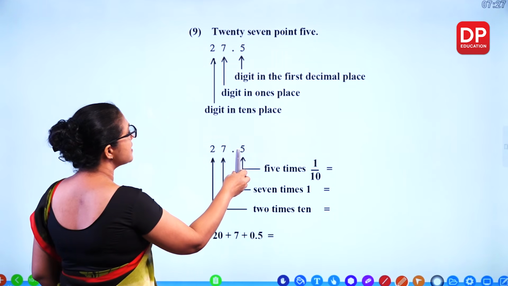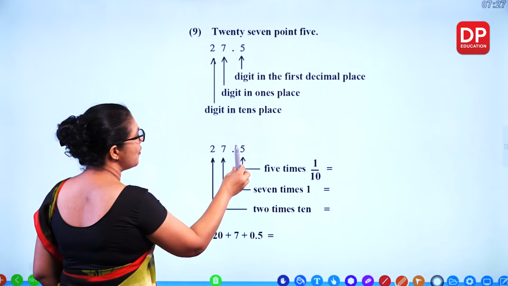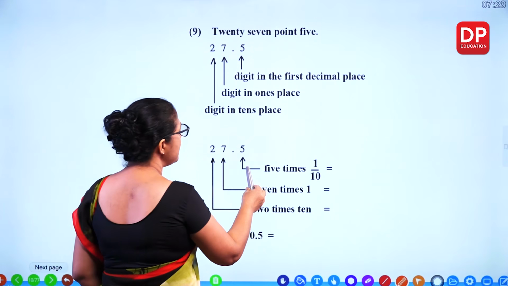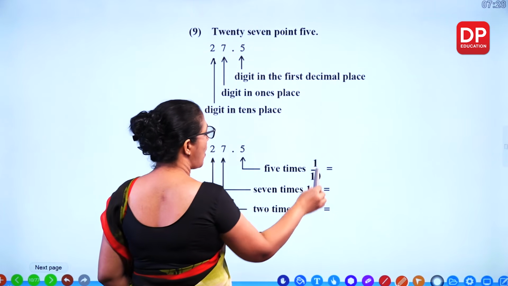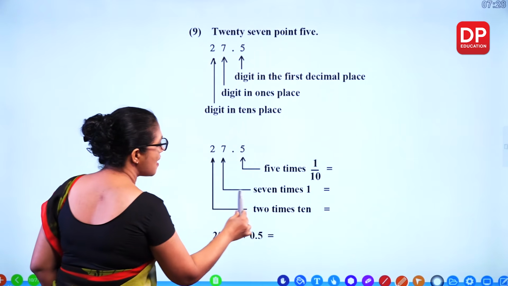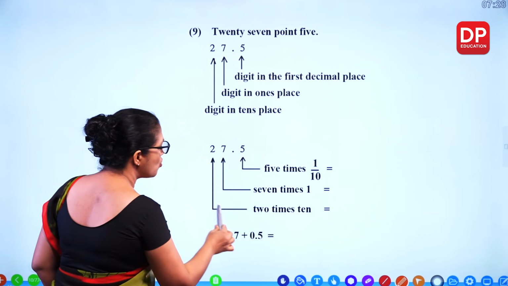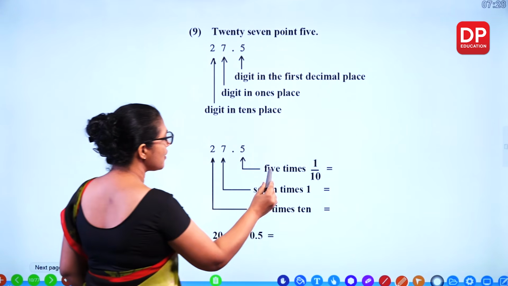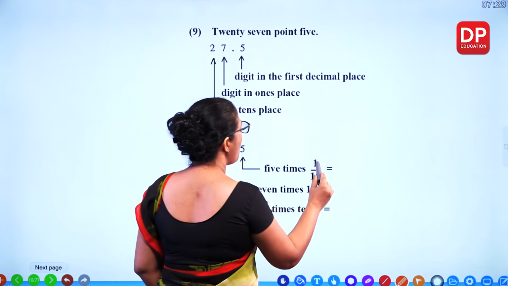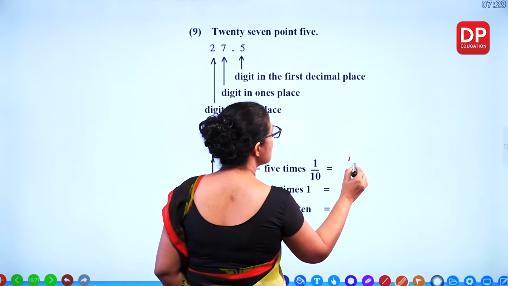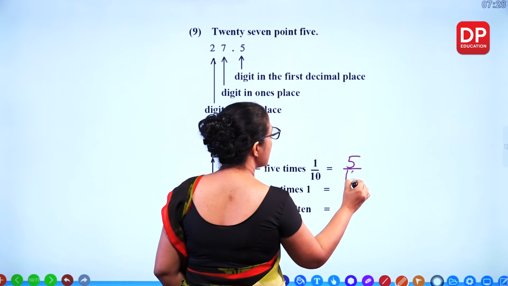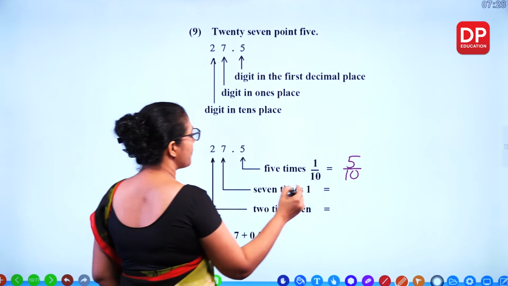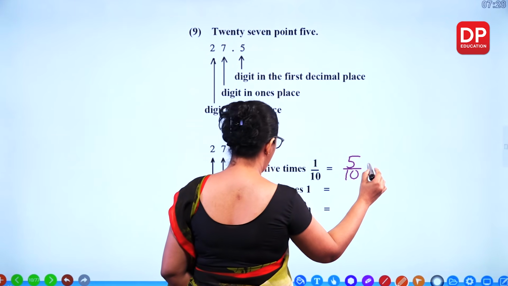So what it means now when you take the first decimal place, that means 5 times 1 over 10. This is 7 times 1. This is 2 times 10. So what is 5 times 1 over 10? That's 5 over 10. Or you can write 0.5.